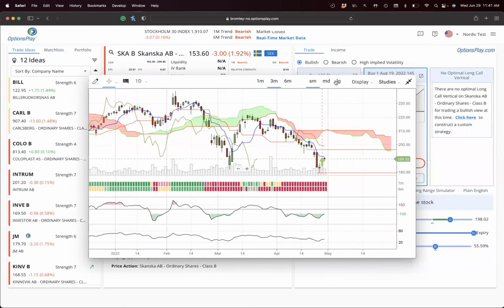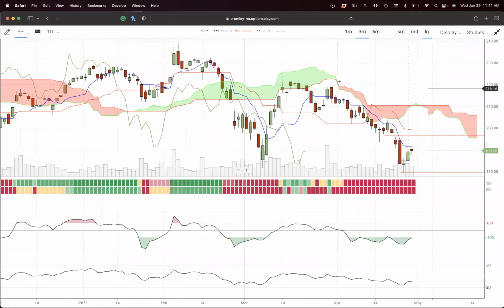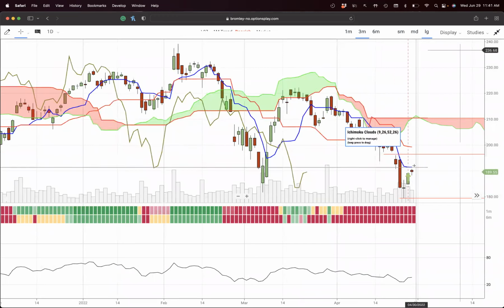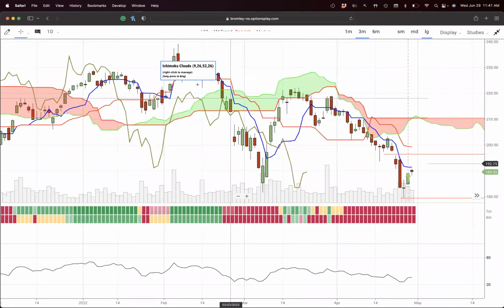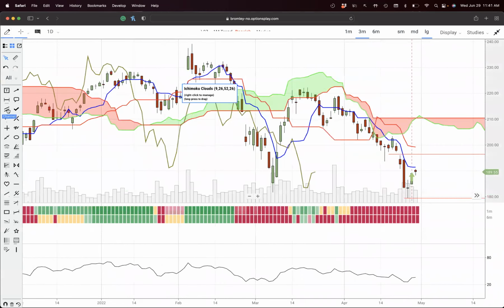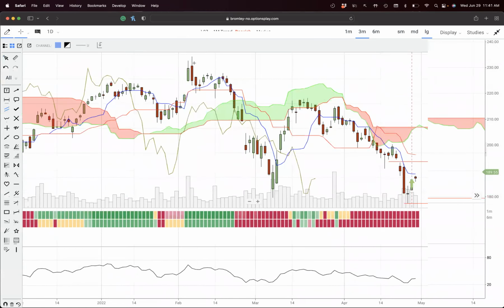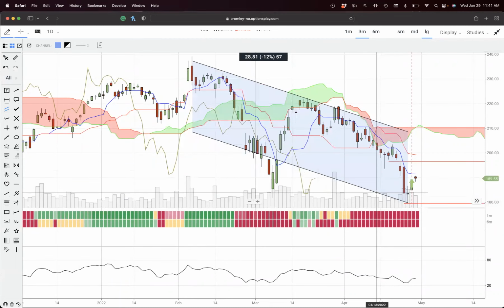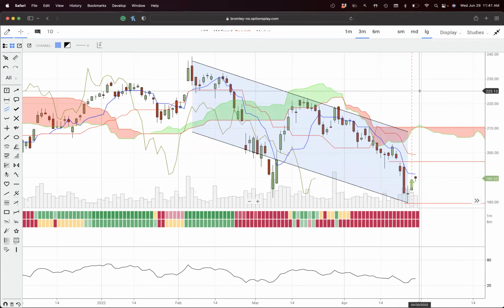And the new charting package allows you to save all of your indicators at once, so that when you log out and log back in, all the indicators that you previously had will stay, as well as the new drawing tools that allow you to do things like draw a channel and write on your charts.